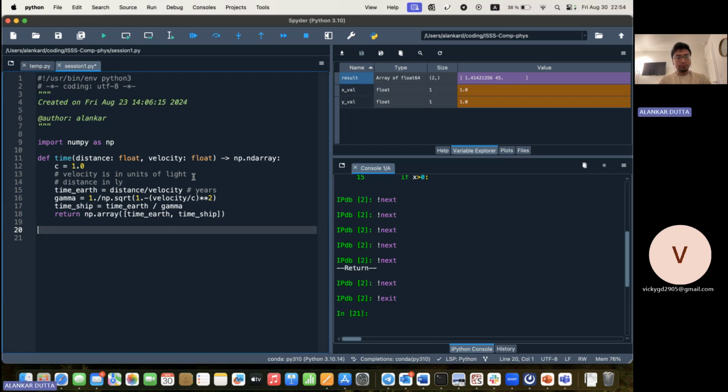So now this is what we have done previously. We are going to get the input from the user. So for that, let's take in distance, which has to be a float value: distance in light years.